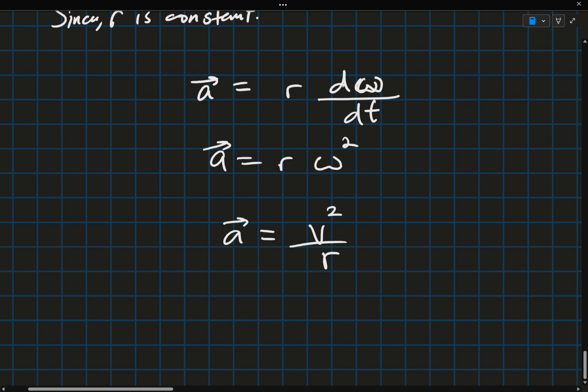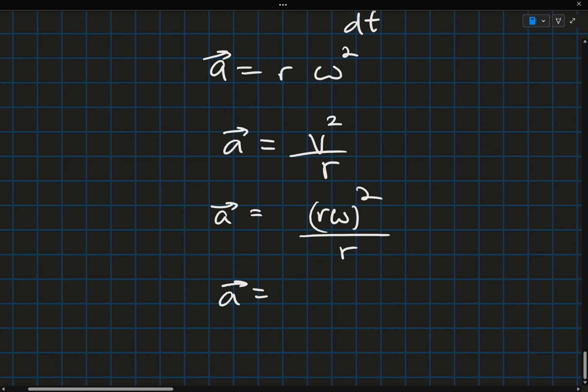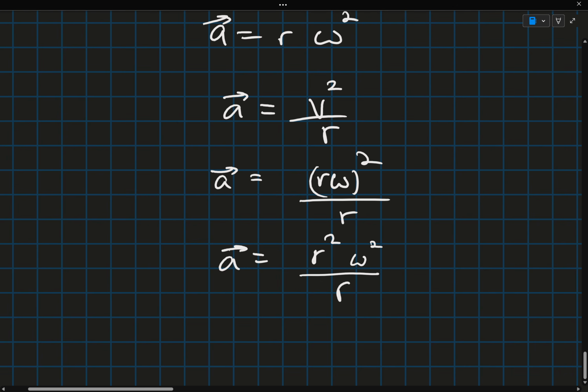So for the centripetal acceleration, that would be r omega, all squared, over r. Let me just not skip any steps: r squared omega squared over r. So we end up with a equals r omega squared.